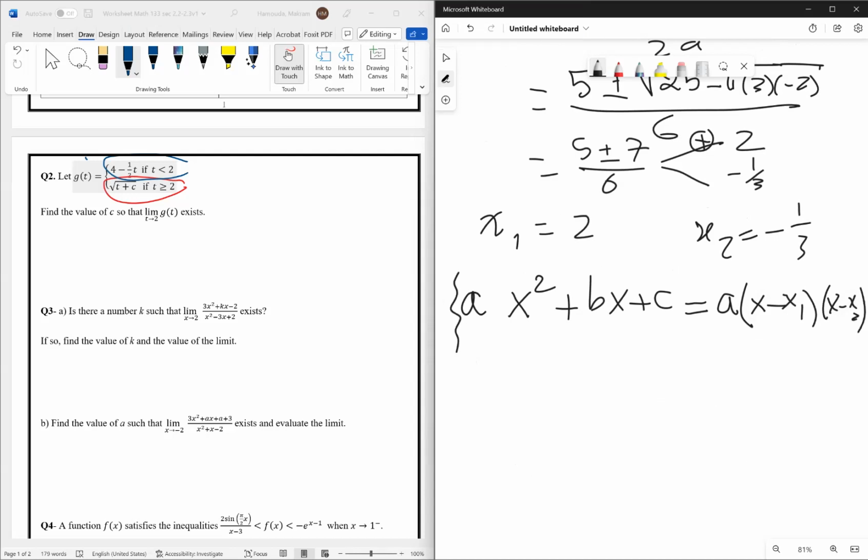Okay, this is a general rule if we have two solutions.